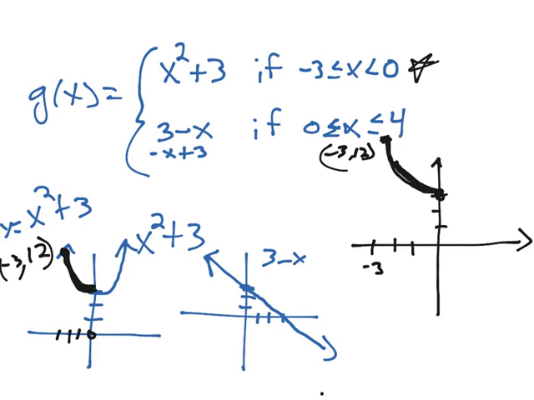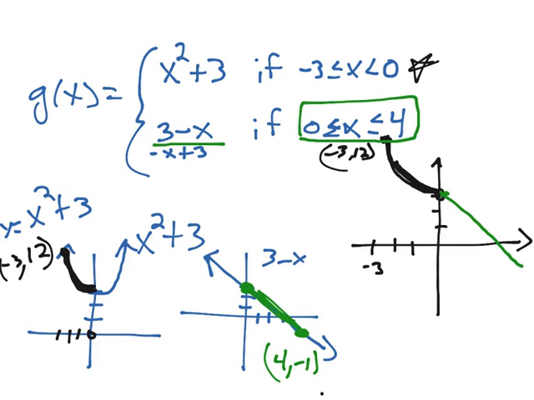But again, I can only use a certain piece of it because my condition is I'm only using this rule, 3 minus x, when my inputs are greater than or equal to 0 but less than or equal to 4. So from 0 to 4, which gives you negative 1 as your output, I'm going to copy and paste that little chunk right there and get my graph here to 4, negative 1.